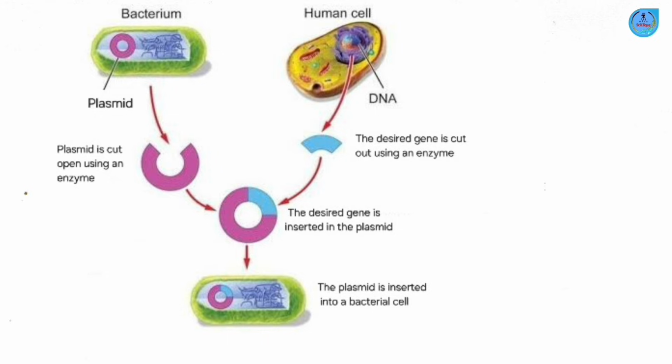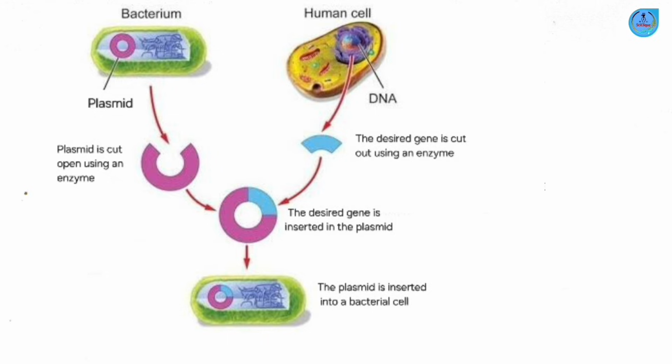First, the gene that the scientists desire is isolated or removed from the chromosome of a donor. This is done through the use of an enzyme. This aligns with step number 2 in our question. Next, a plasmid is taken from a bacterial cell and cut open using an enzyme. Right?